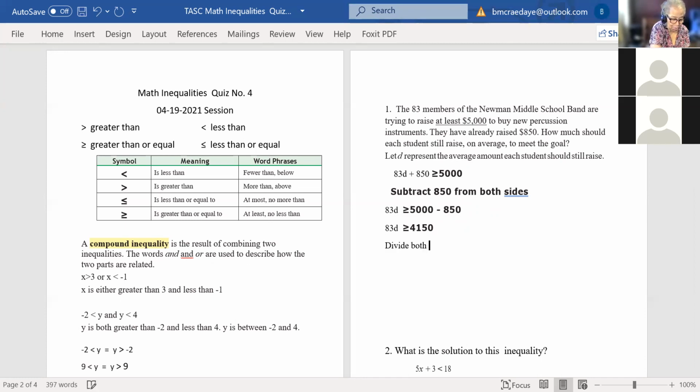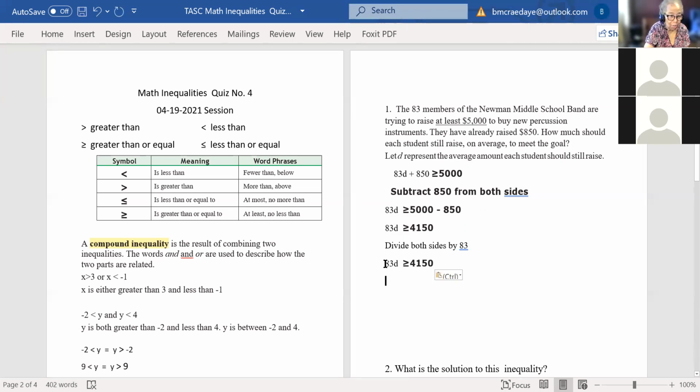Divide 83D, both sides by 83. Okay, now you're going to get D. Maureen, did you divide that? I'm doing it now. Have you calculated?